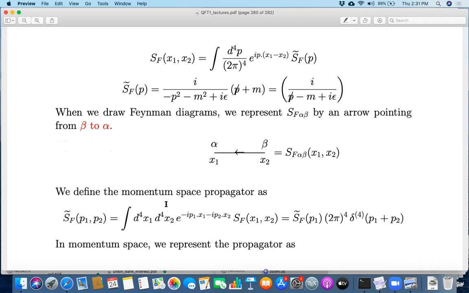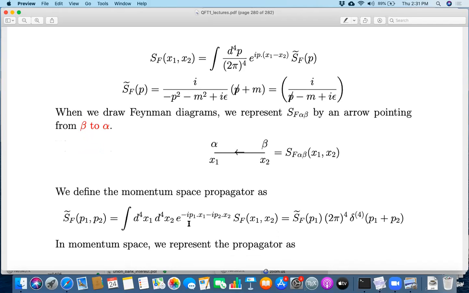So we can also now define the momentum space propagator. This will be the analog of what we had called delta F tilde P1 P2. Sir? Yes, go ahead, please. Sir, this diagram of SF alpha beta, is it symmetric under x1 x2 exchange?